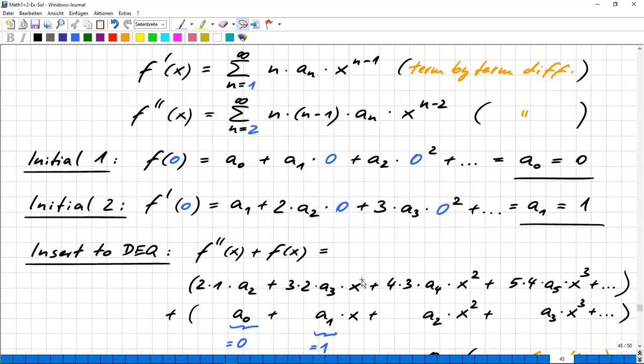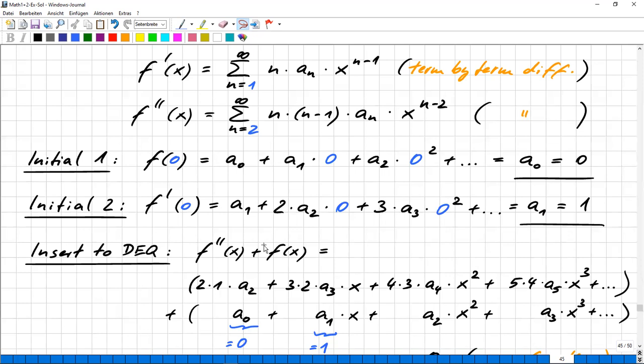Okay, right? Times x. This time x is free again. We have already used our initial conditions. Now we are very general. And well, it's not so surprising what happens next. It's just always the next natural number times its predecessor times the next coefficient, and so on. And the exponent rises, x squared, x cubed, and so on.